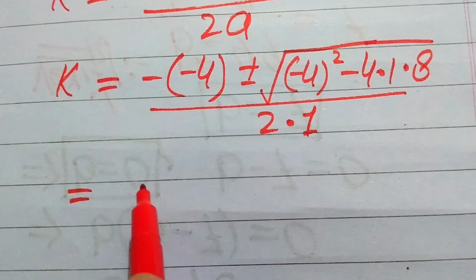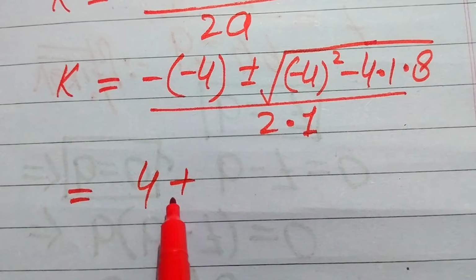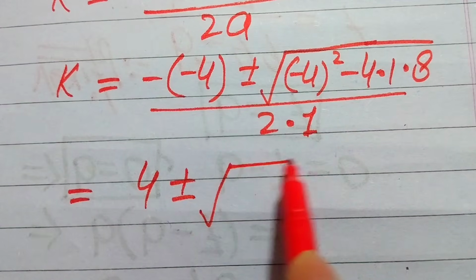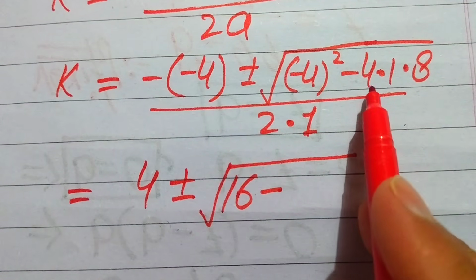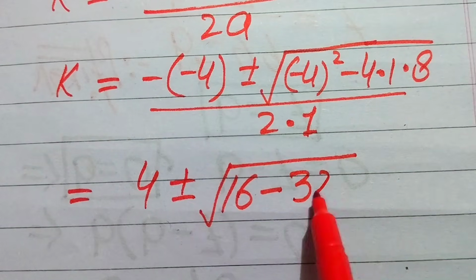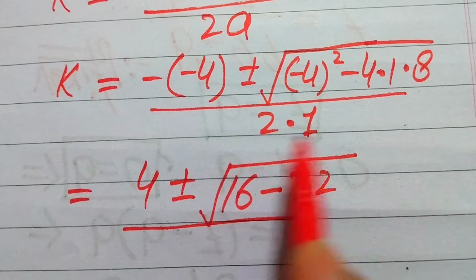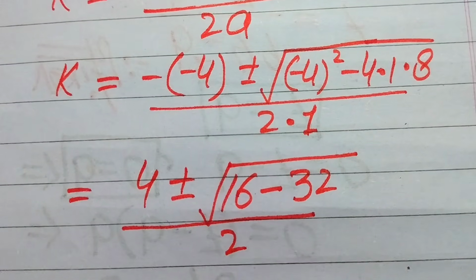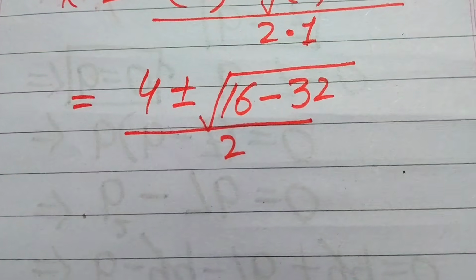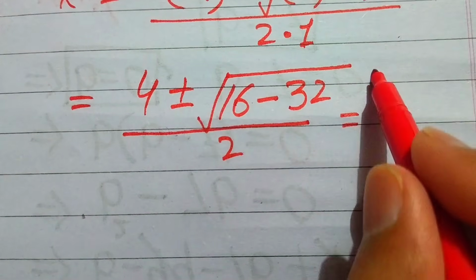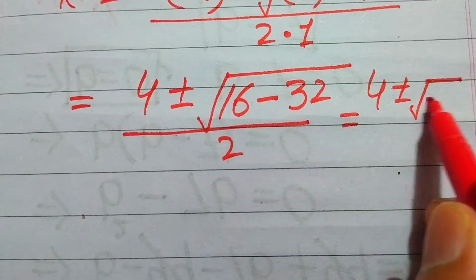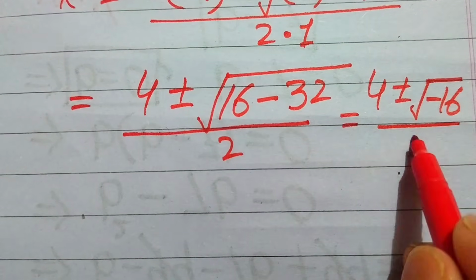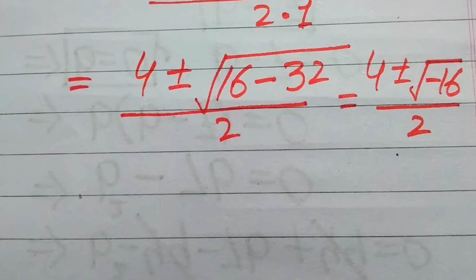Further, minus times minus becomes plus, and this is 4 plus minus square root of -4 square becomes 16, and 4 times 8 becomes 32, and this is divided by 2 times 1 equals 2. And here we need to focus inside the square root sign, and we have 4 plus minus square root of 16 minus 32 becomes -16, divided by 2.